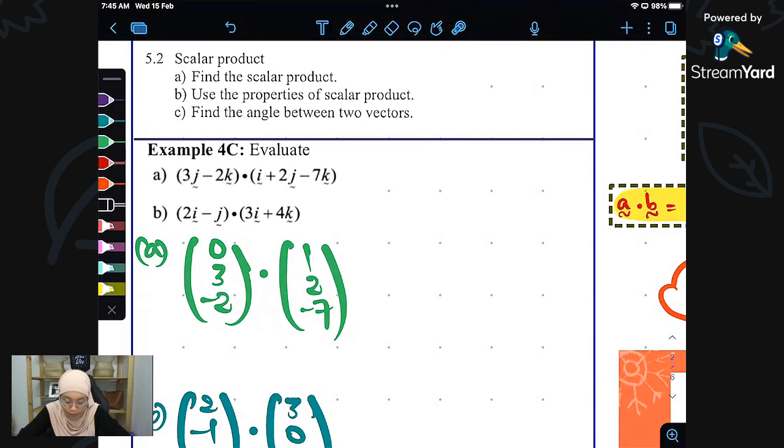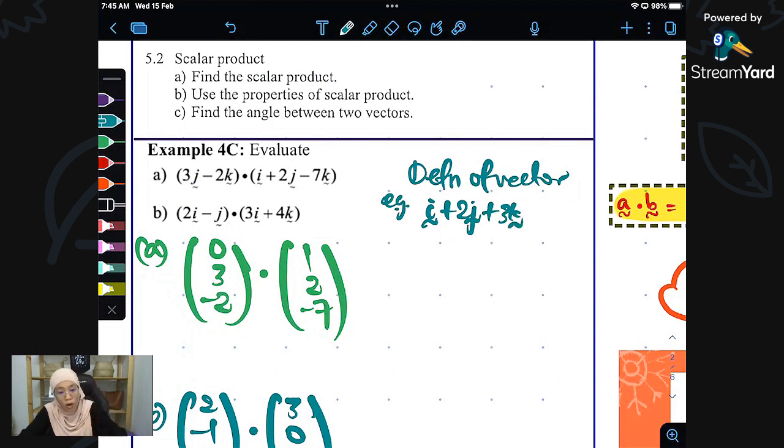We have here 3j vector minus 2k vector. Basically, this is like one whole vector. If you remember, the definition of a vector is in terms of i, j, and k. Let's say for example, i plus 2j plus 3k.